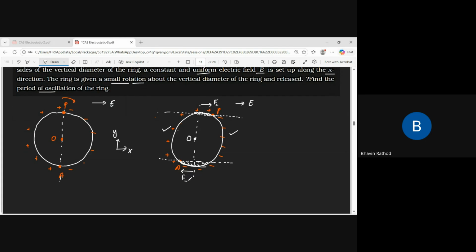So you can see that this will create a clockwise torque. If I disturb the ring from its equilibrium position this way, then it will continue to roll in the clockwise direction. It will not come back to its original position. It will not oscillate.